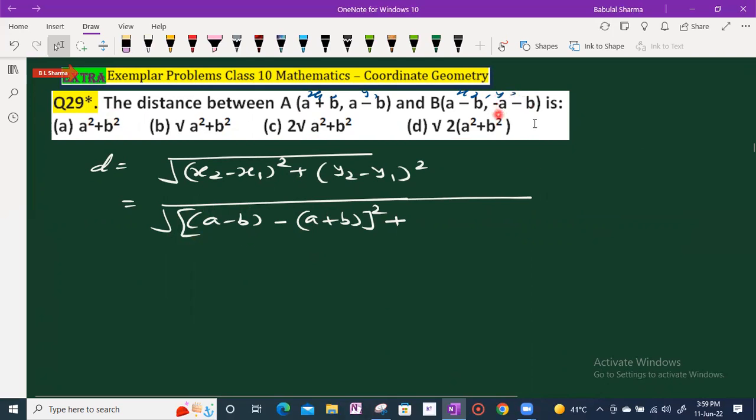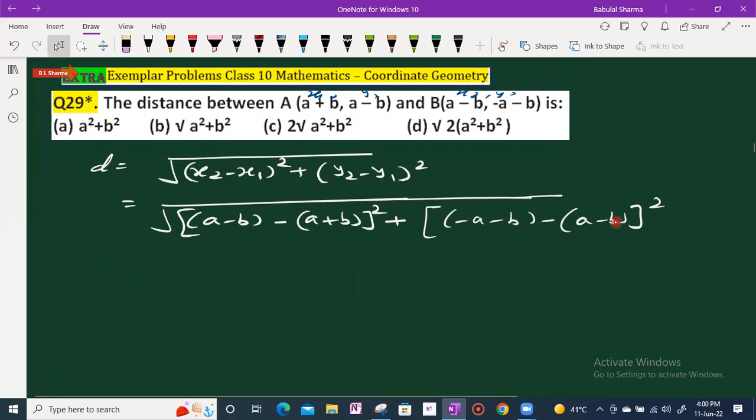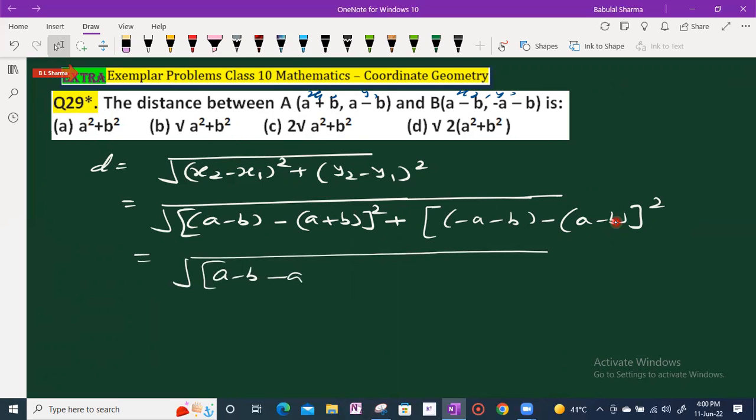then y2 is minus a minus b, so minus a minus b minus (a minus b) whole square, that is y1 is a minus b. Now open the bracket: (a minus b minus a minus b) whole square plus (minus a minus b minus a plus b) whole square.